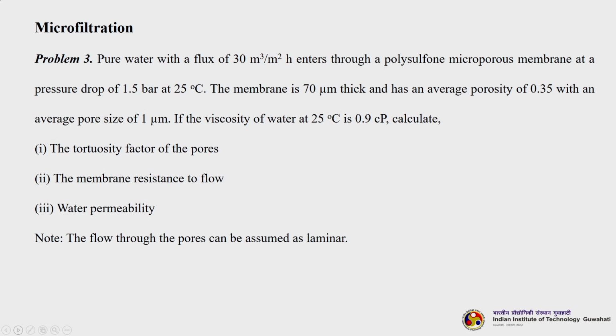The membrane is 70 micron thick and has an average porosity of 0.35 with an average pore size of 1 micron. Now, if the viscosity of water at 25 degrees centigrade is 0.9 centipoise, calculate the tortuosity factor of the pores, that is tau.